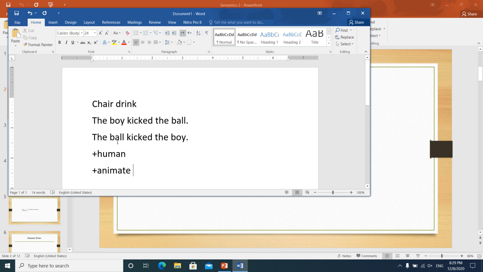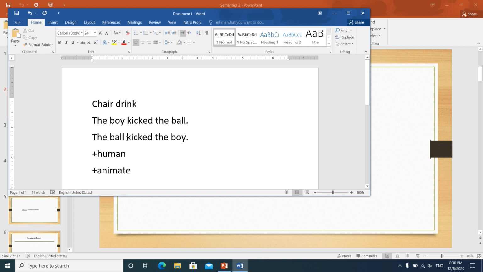And let's look at sentence number 2. We have the word ball as a subject. But why cannot a native speaker produce a sentence like this one? Simply speaking, because the semantic features of the word ball do not match with the verb kick.